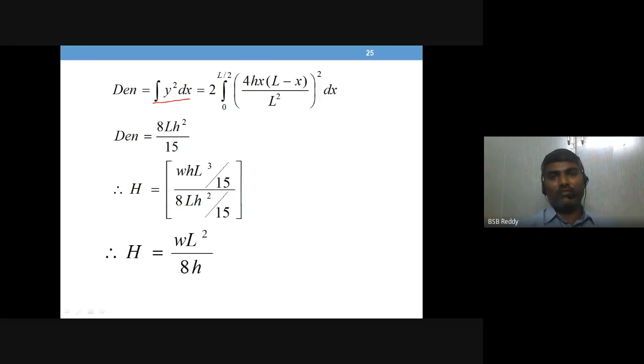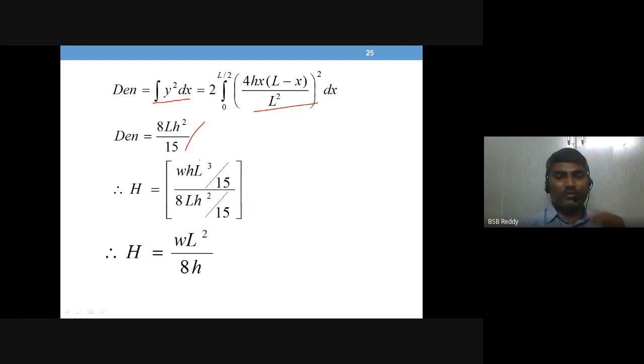Because y never changes, it is 4hx into L minus x by L square for a parabola, whole square. Okay, so this evaluation is discussed in detail in the last session. So you reproduce the same, and that will be 8 L H square by 15. That will never change, okay, for a parabola.